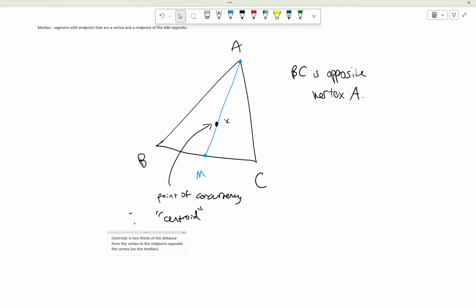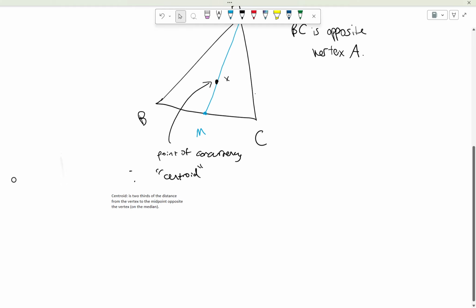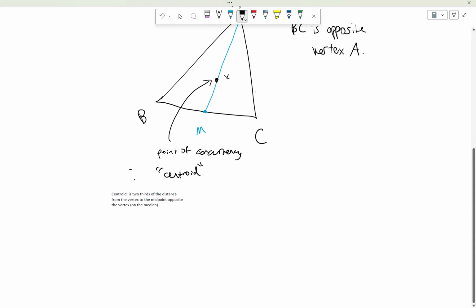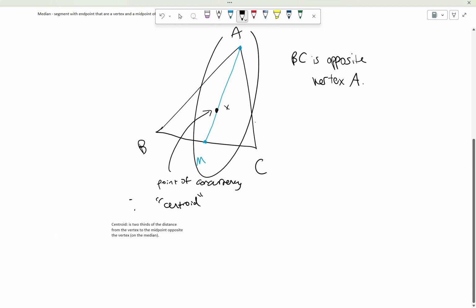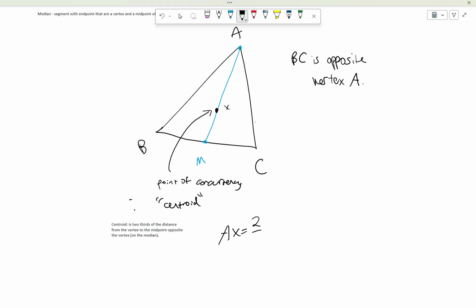What I'm saying here is that we have AM, and that's my entire median. So AX is going to be equal to 2/3 of that entire distance, AM.